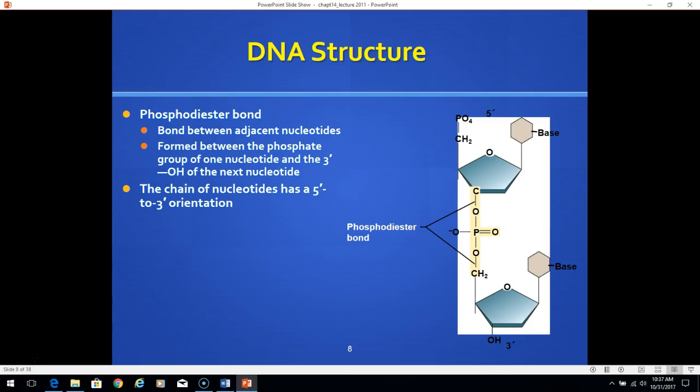And so if this is a guanine and this one was an adenine, just guessing, well, it's a single ring structure, so it has to be cytosine or thymine. If this was C, the next one would be T, and that's how we would read it out to you. We always read in a 5' to 3' manner.